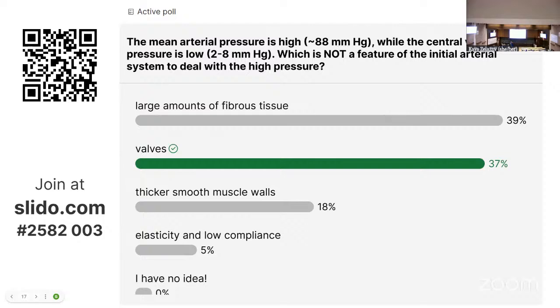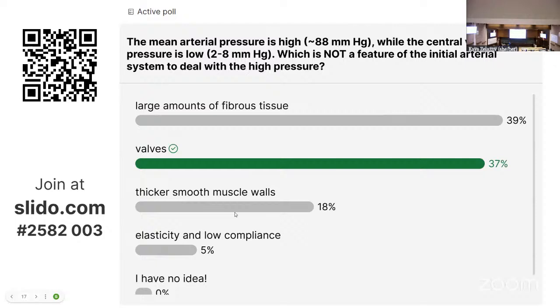Connective tissue includes both the fibrous tissue and the elastin giving the elasticity. The fibrous part is more for physical structure, so that collagen is giving structural support. That is true of arteries as well as that elastic connective tissue that gives us the low compliance. Those two things are in our thick artery walls.